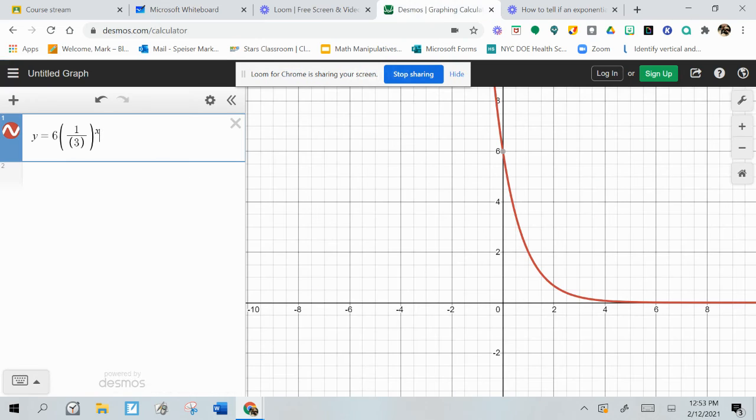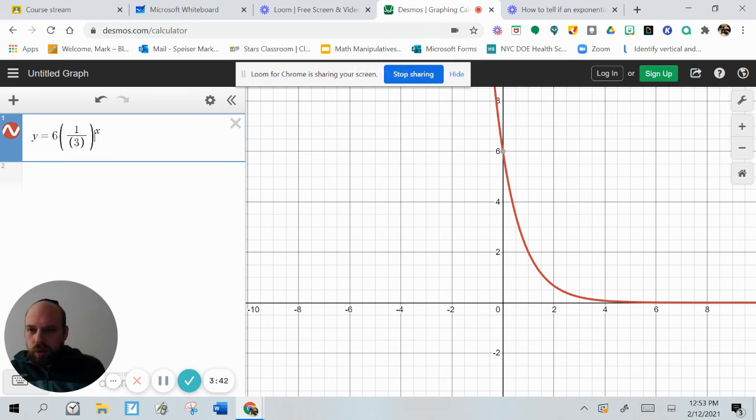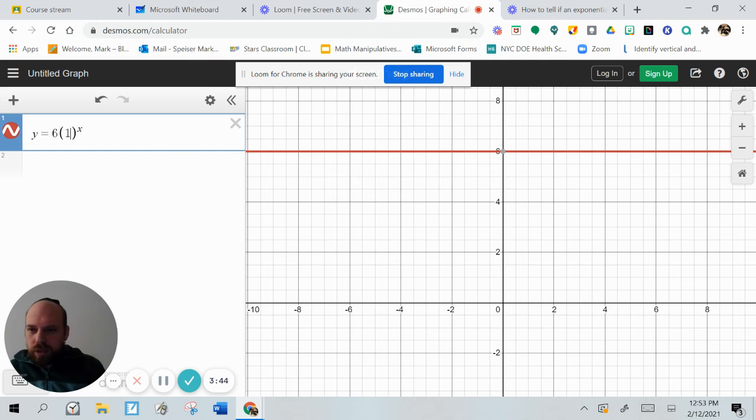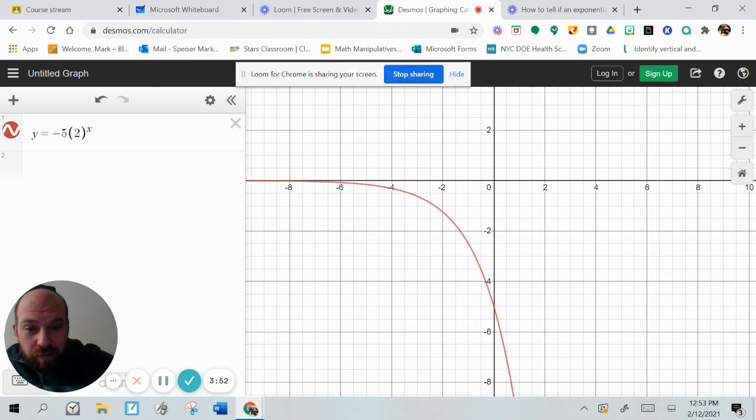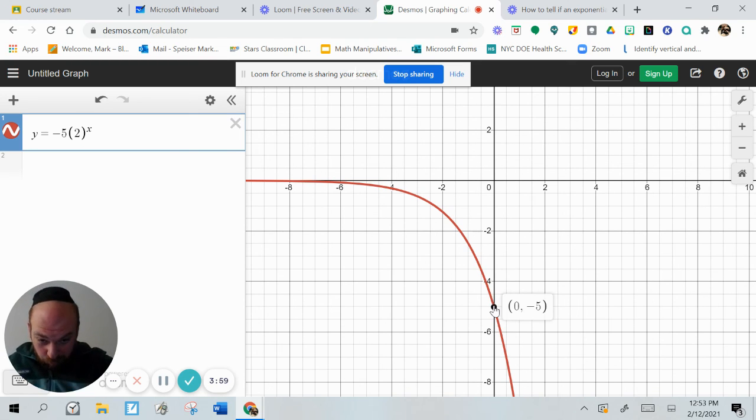A negative graph. What happens when I make it negative? Well, the negative graph goes through negative 5. But at this point, the graph is decreasing.